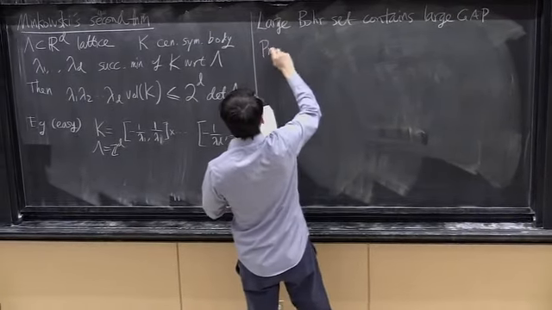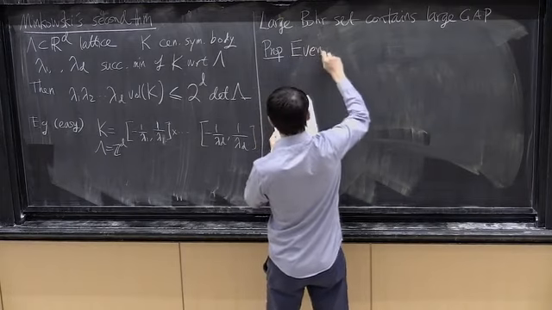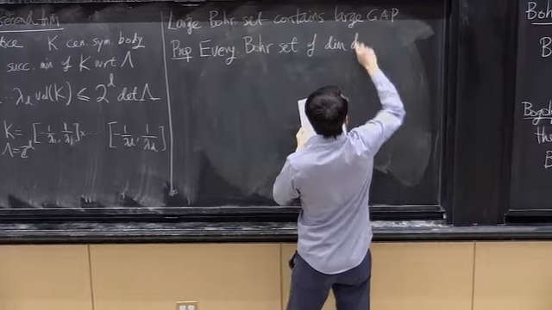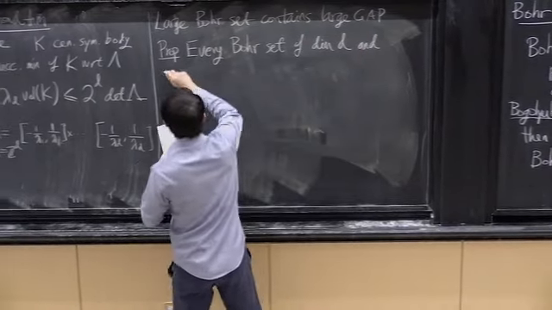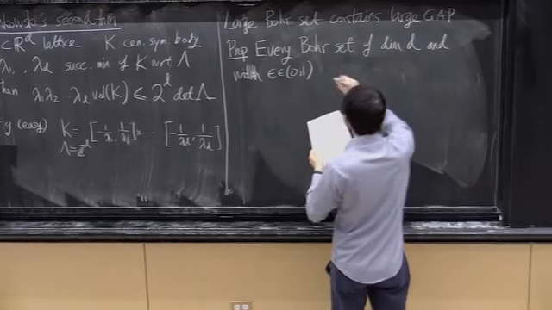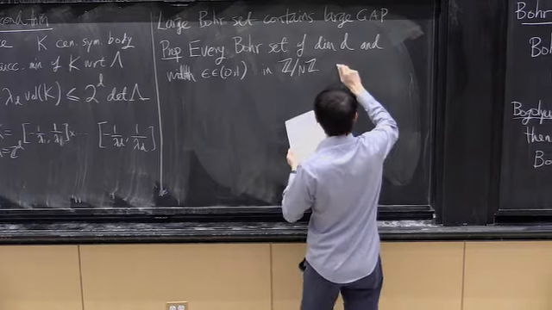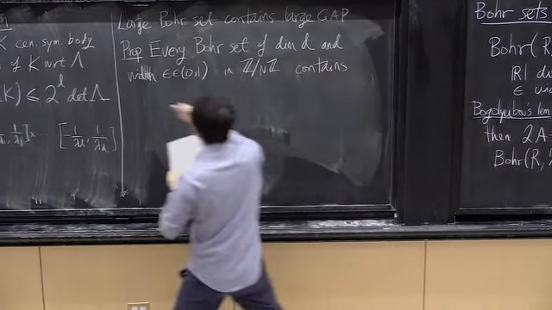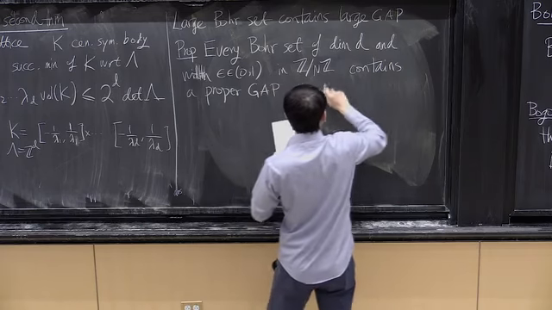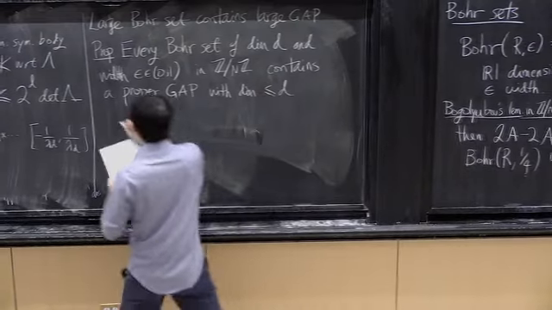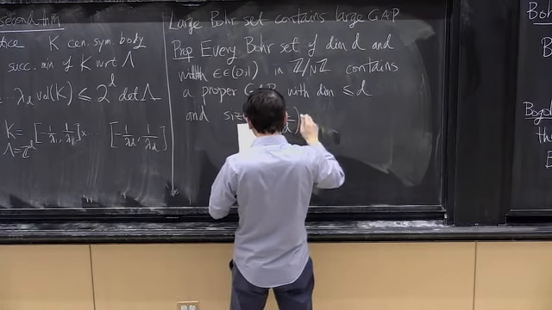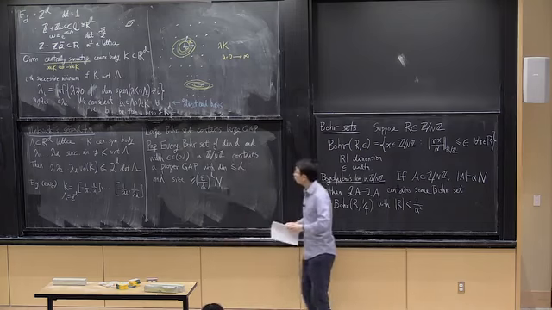Specifically, we will prove that every Bohr set of dimension d and width epsilon, where epsilon is between 0 and 1, in Z mod nZ contains a proper GAP with dimension at most d and size at least this quantity, which is (epsilon divided by d) raised to the power d fraction of the cyclic group.